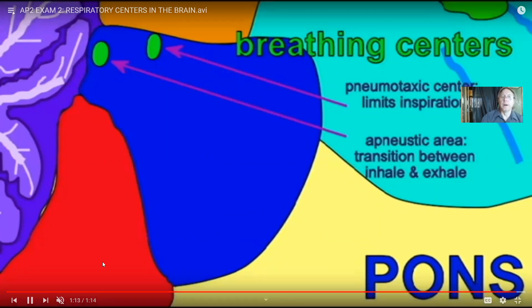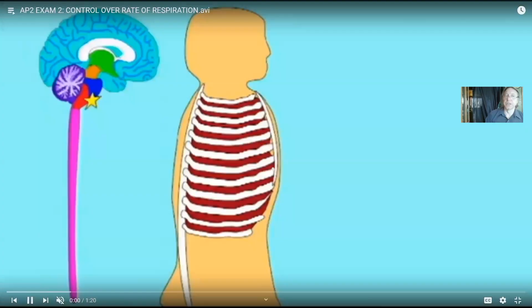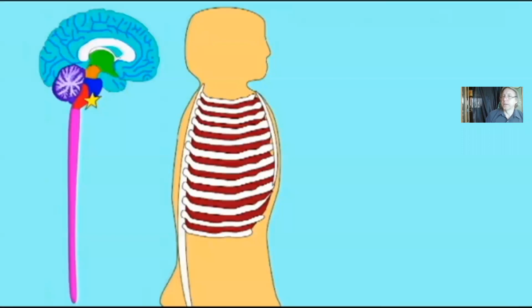Now, just as we want to control our heart's output, we talked about cardiac output. Even though your heart is a pump, sometimes it pumps more than others. The same thing is true of the respiratory system, where we want to breathe, but we want to have a breathing rate which matches our body's needs.